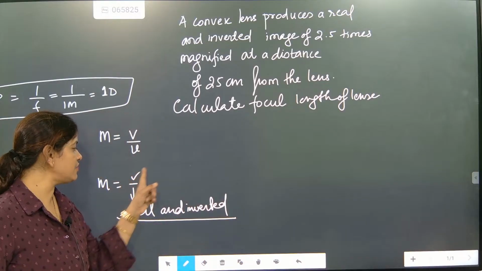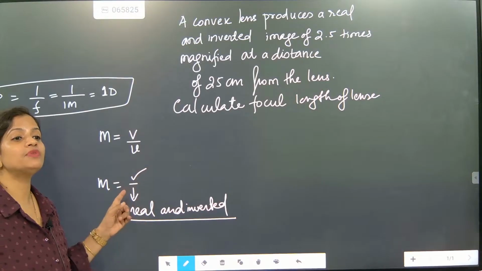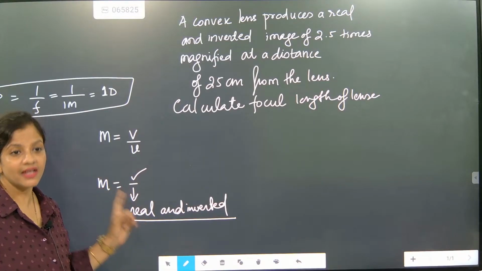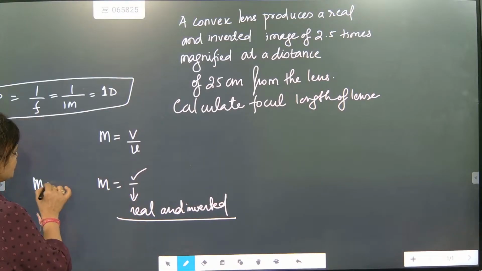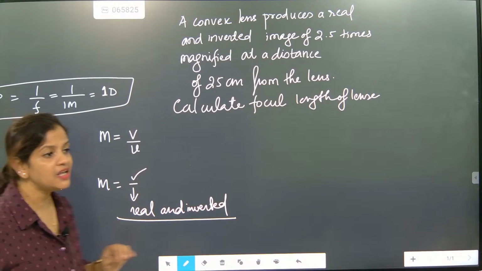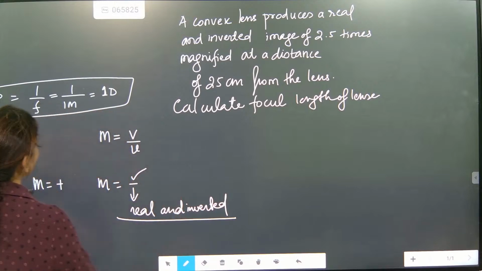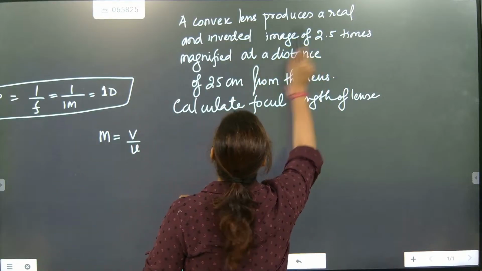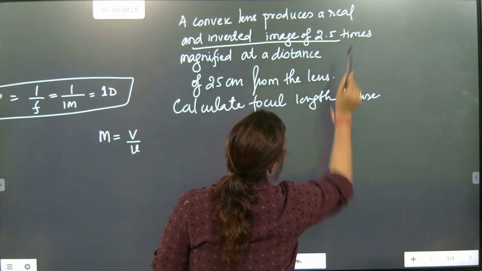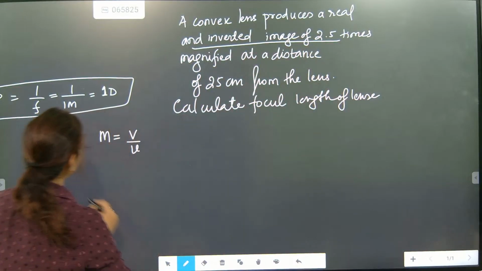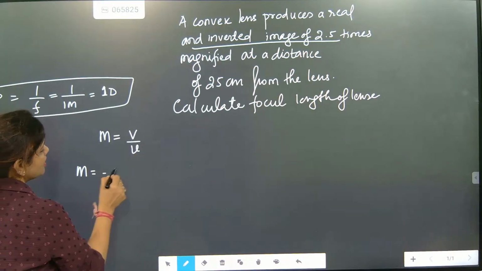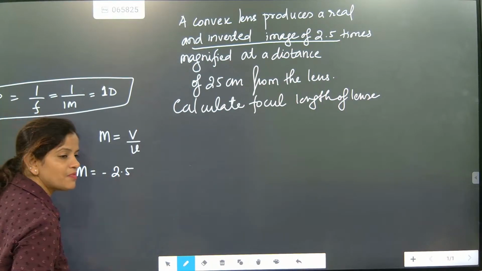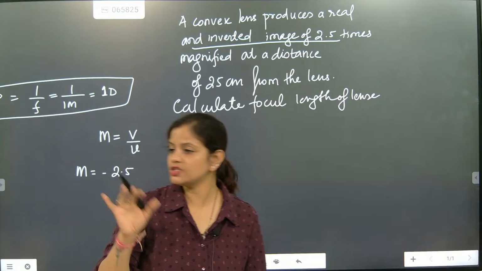I told you if magnification is negative, that means it is real and inverted. If magnification is positive, it is virtual and erect. Understood? So here in the question, first catch what they have given. A convex lens produces a real and inverted image of 2.5 times. So magnification here is given as what, beta? Minus 2.5.